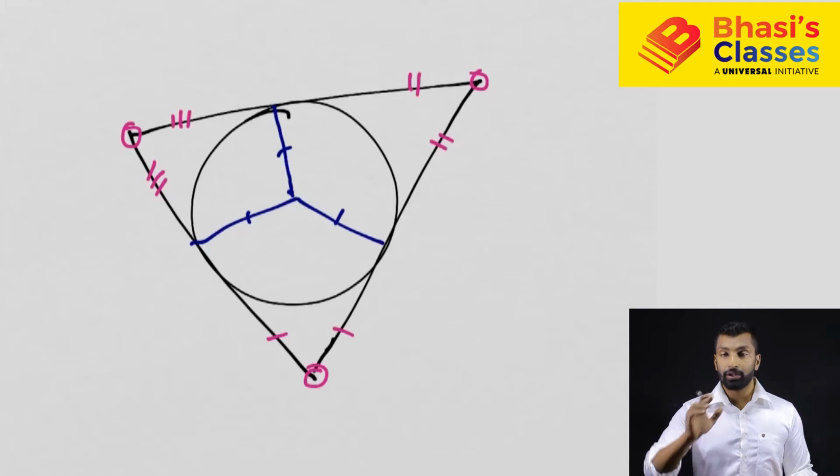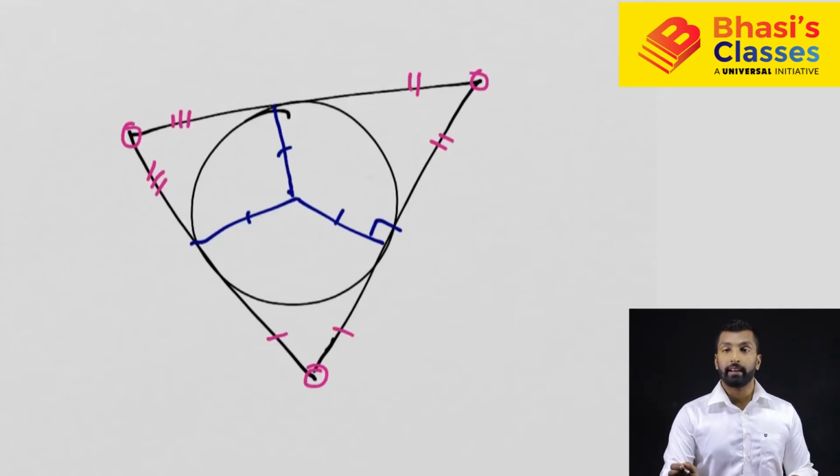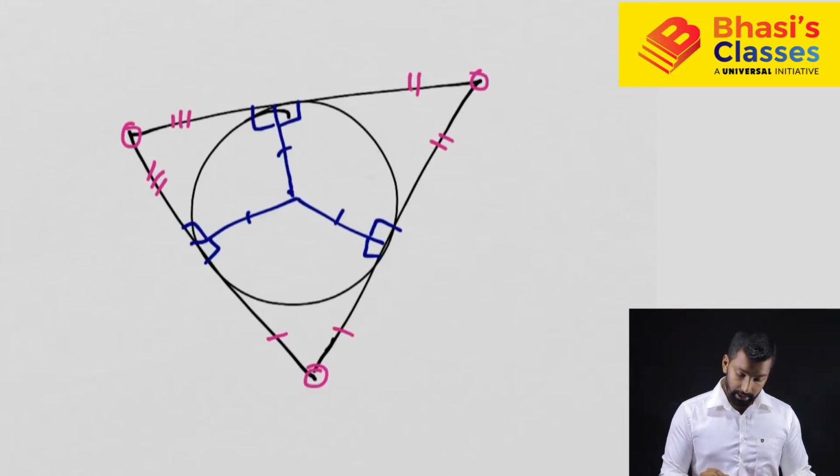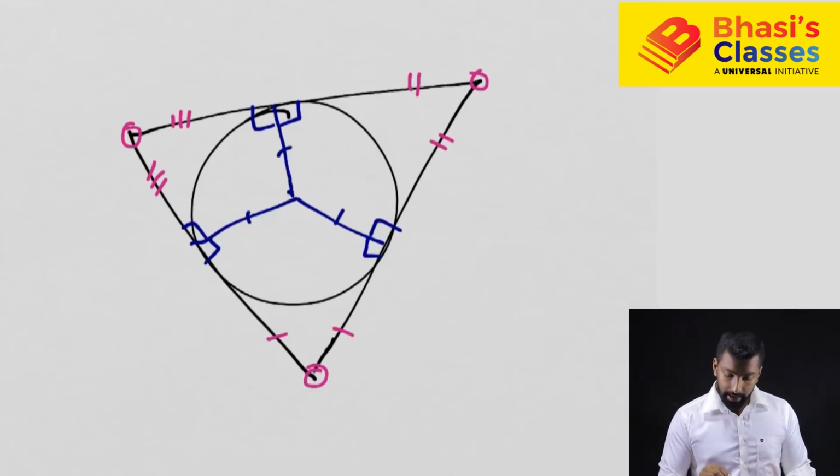The advantage is you will get the angle as 90 degrees, right? That's a theorem. So this angle is going to be 90 degrees. So these are 90, then this is going to be very easy for you. So this is also going to be 90. So all these are 90 degrees. Then I have told you this line, if you draw this diagonal, this is the angle bisector.